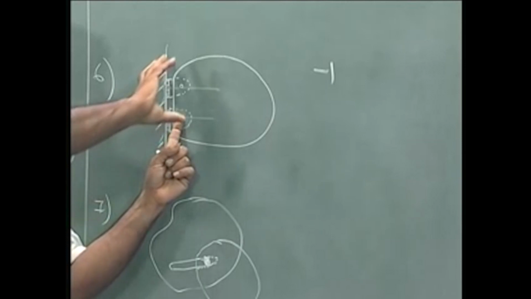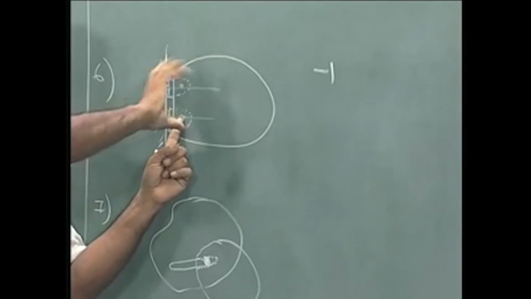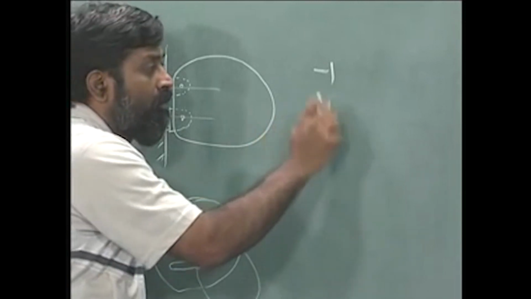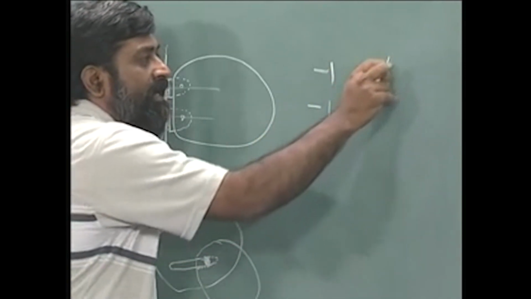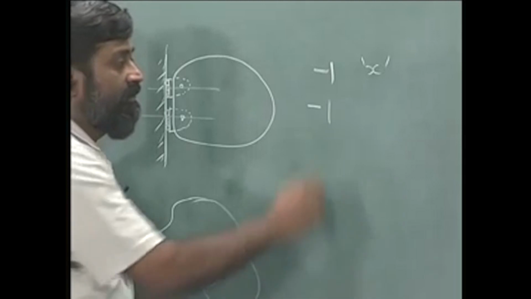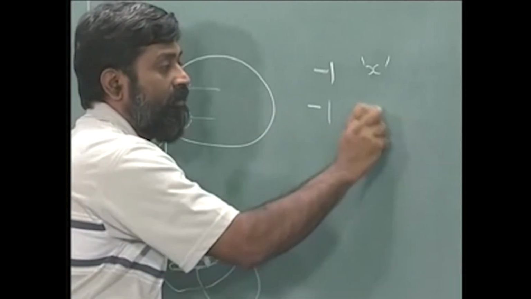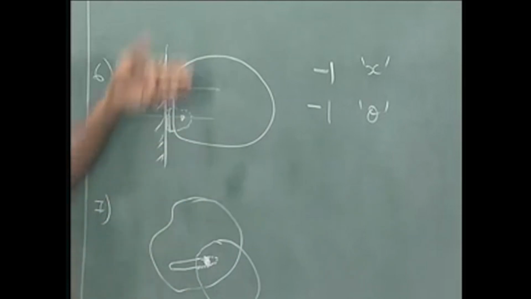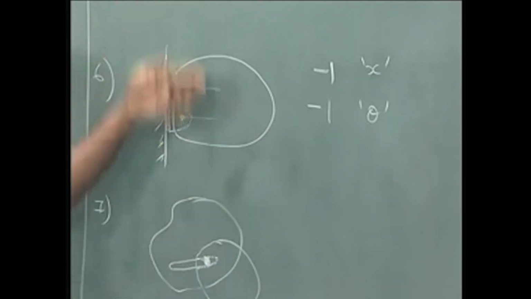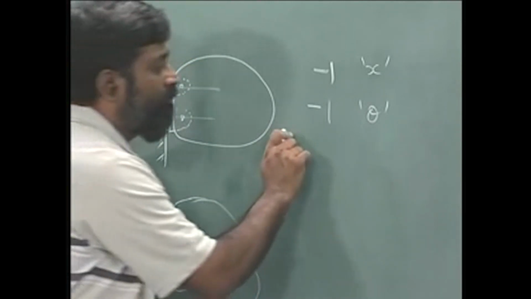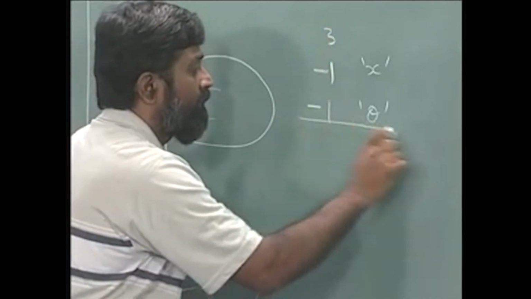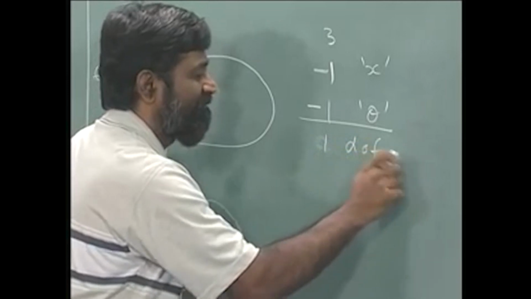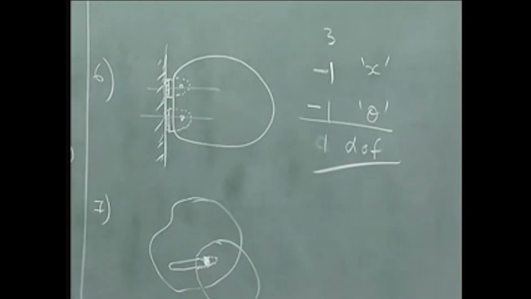About this particular point, if I try to rotate this body, it cannot rotate, and therefore one translation, let me say x translation, is arrested, and one rotation, which means the entire body cannot rotate at all. The only possible movement is in the vertical direction, and therefore it has 1 degree of freedom, right.